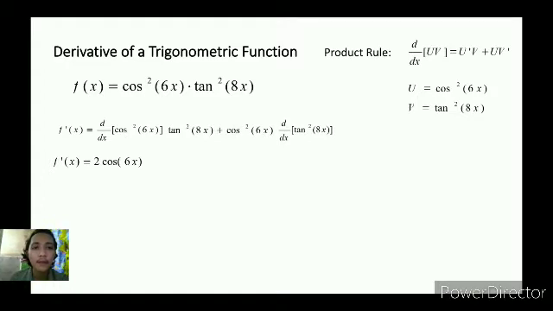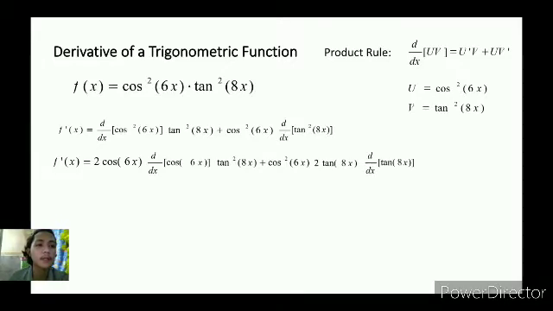The derivative of cosine squared 6x will now be equal to 2 cosine 6x times the derivative of its inside, cosine 6x, and just copy the tangent squared 8x plus cosine squared 6x. The derivative for tangent squared 8x is 2 tangent 8x times the derivative of its inner part, tangent 8x.